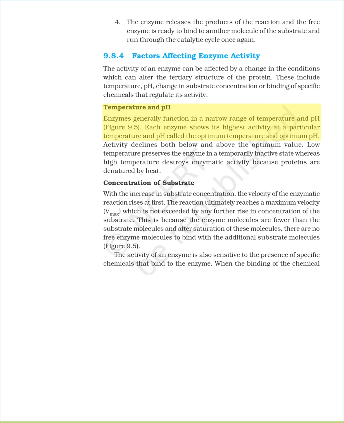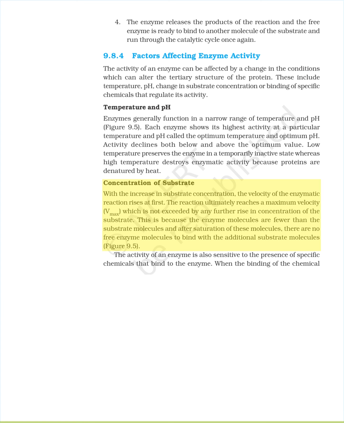Each enzyme shows its highest activity at a particular temperature and pH called the optimum temperature and optimum pH. Activity declines both below and above the optimum value. Low temperature preserves the enzyme in a temporarily inactive state, whereas high temperature destroys enzymatic activity because proteins are denatured by heat.